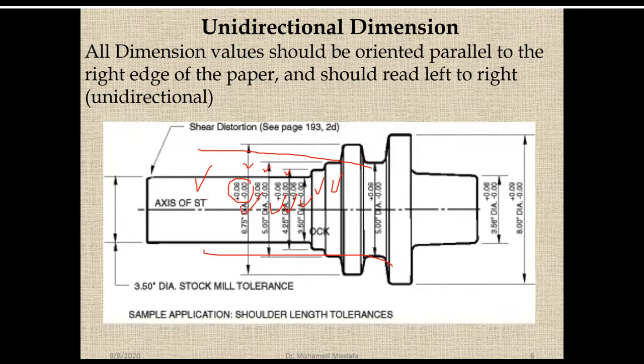Notice also that beside each number there is a plus or minus. This plus or minus is the clearance in which the technician is allowed to move, because sometimes you will not be able to come up with the exact dimension. So we give a tolerance for the manufacturers to say it's okay, you can go between this number and that number.